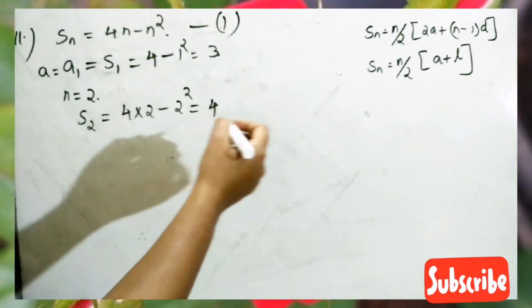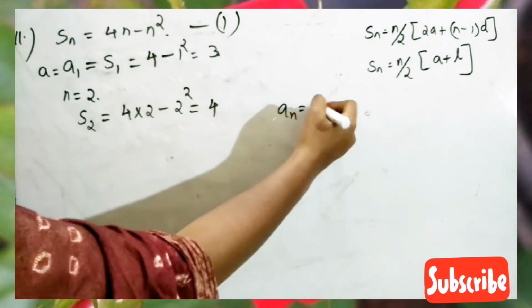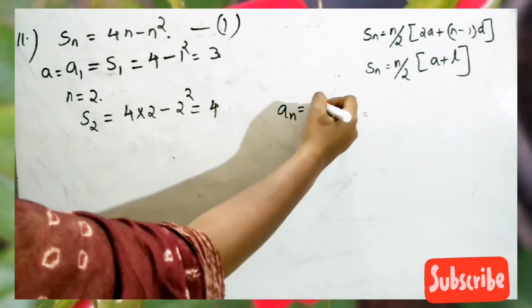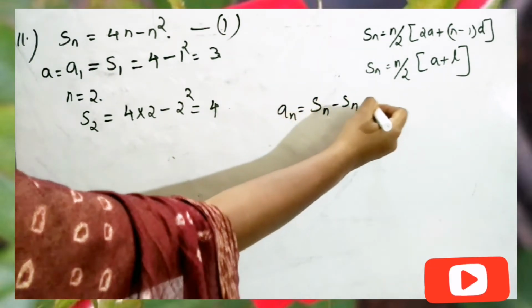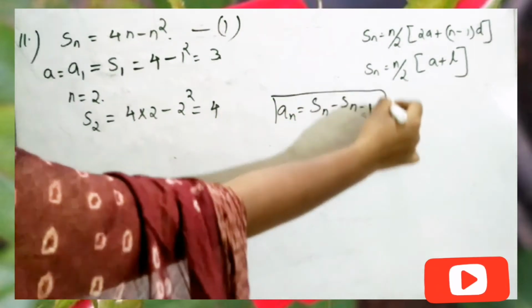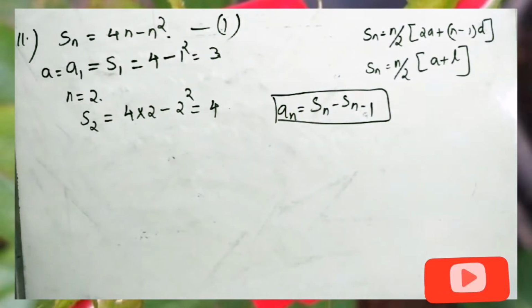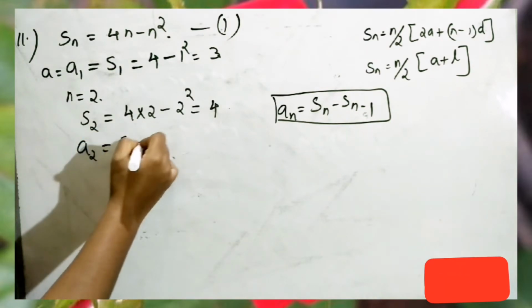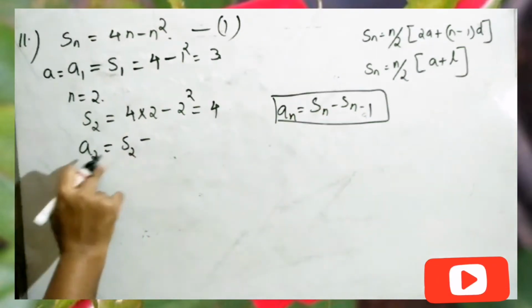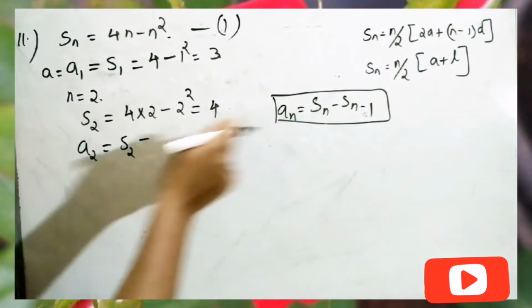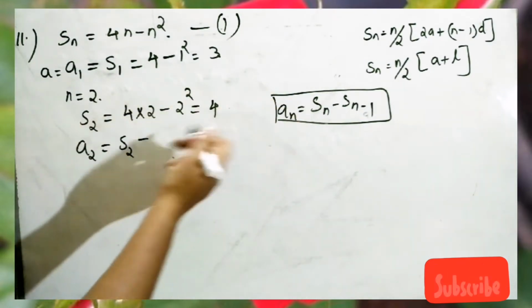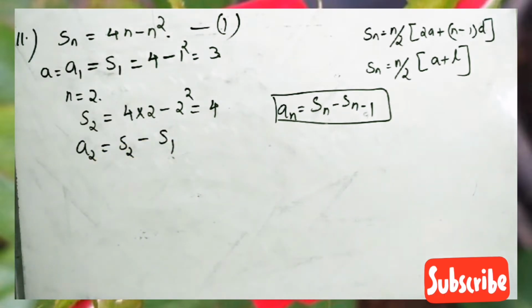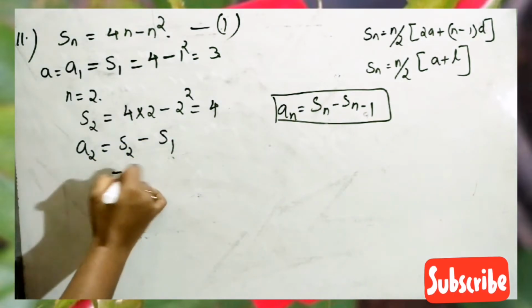We have one relation between An and Sn, that is An is equal to Sn minus Sn minus 1. That relation we are going to use. So what is A2? A2 is equal to S2 minus S(n minus 1). Here the value of n is 2, then n minus 1 is 1, so S2 minus S1.